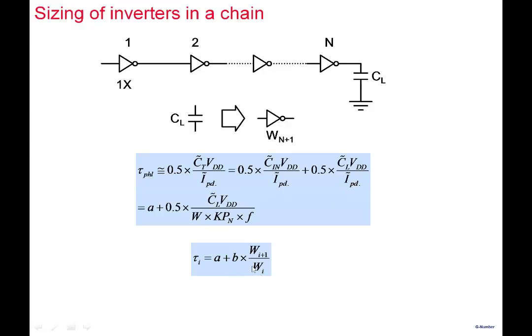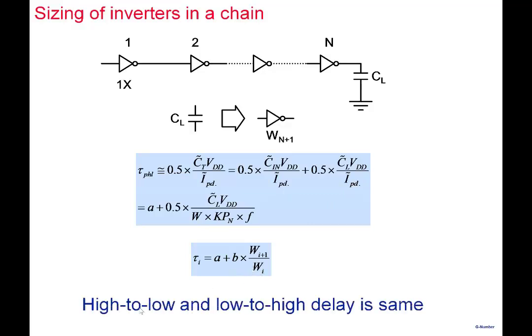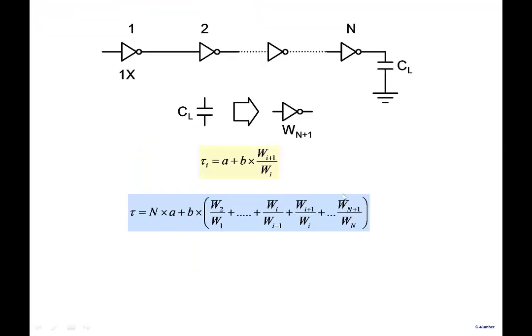And as I said, we have a balanced inverter, so high to low and low to high delay are all the same. All right, so the total delay from here to here will then become, you add up tau 1 plus tau 2 plus tau n, which will become n times A plus B. The delay of the first inverter would be proportional to W2 by W1, and like that you end up with the load capacitor we are saying is like W(n+1).